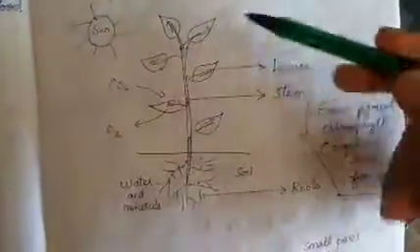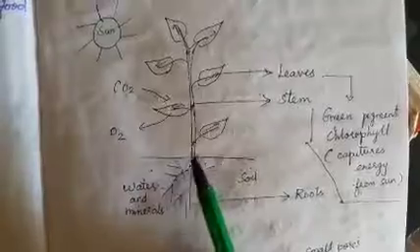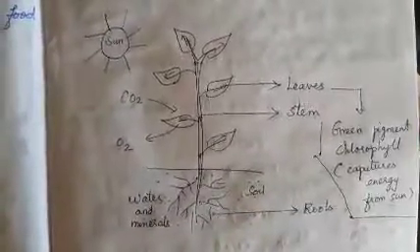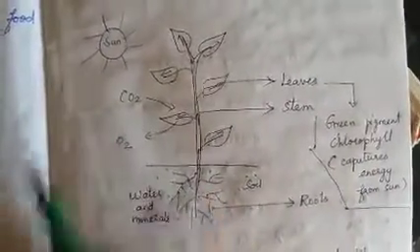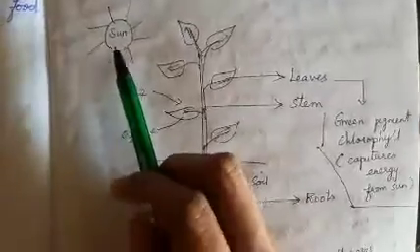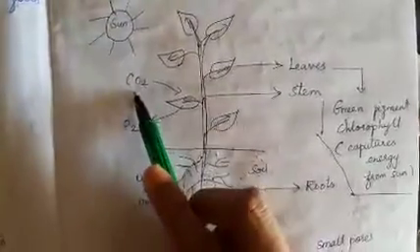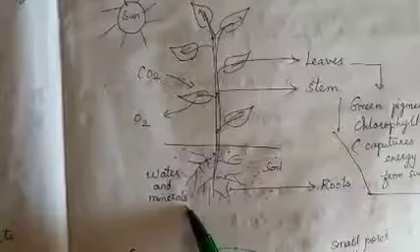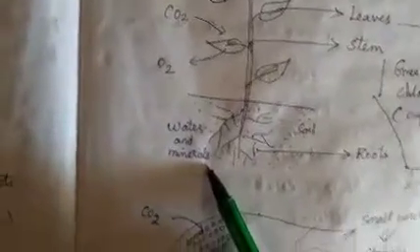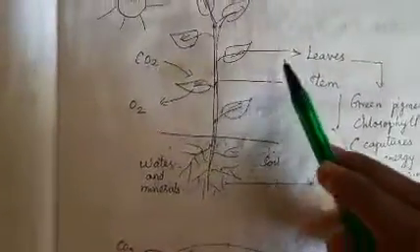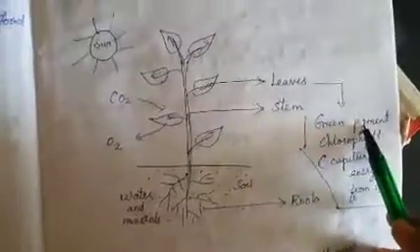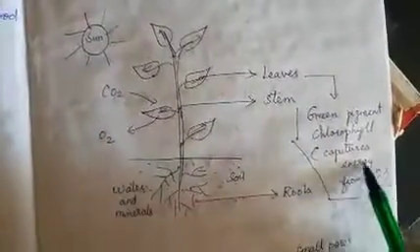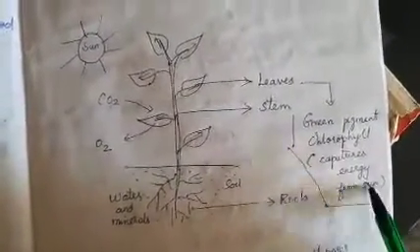So this is the pictorial representation of the photosynthesis process. What are the ingredients we have here? Sunlight, carbon dioxide, water and minerals. Then chlorophyll will be present in the leaves, a green pigment which enables the capture of energy from the sun.